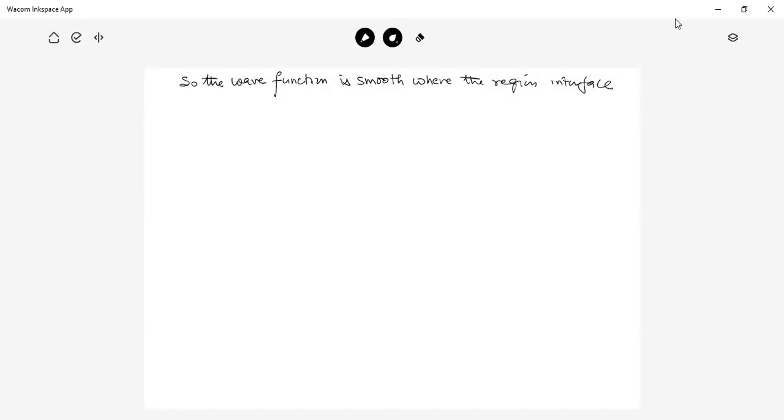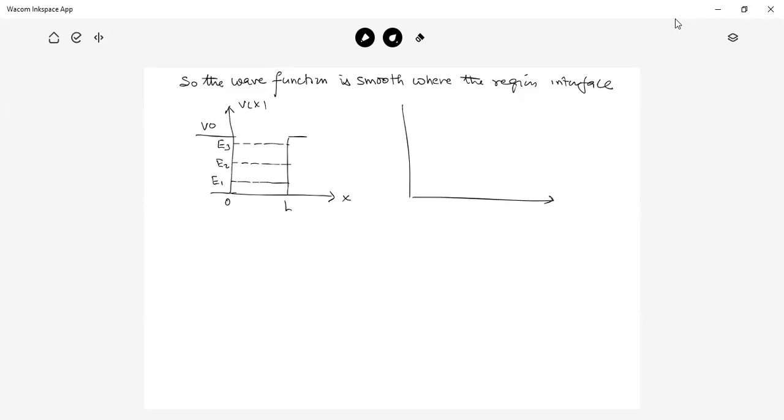And if we try to draw the wave, here it is the V0, this is V(x) energy, and this is X, and this is 0, and here it is L. This one is E1, this is E2, this is E3, energy levels. In these energy levels we can draw the wave function.